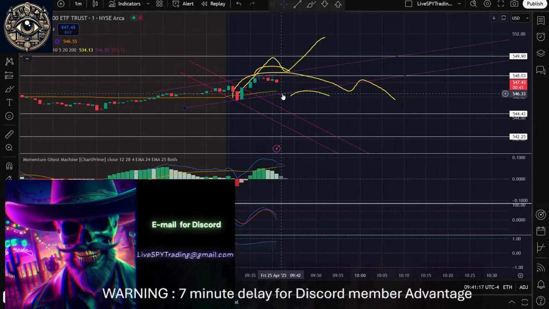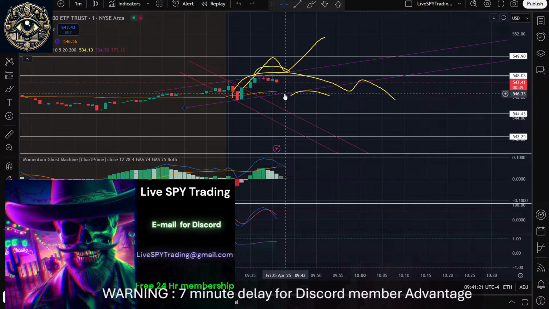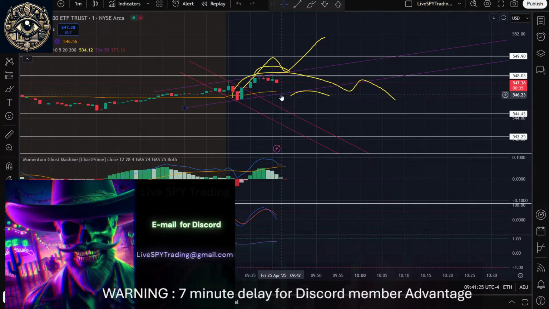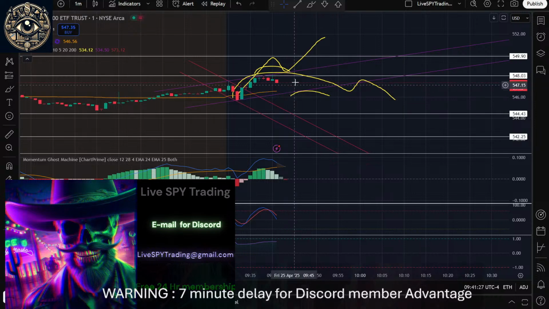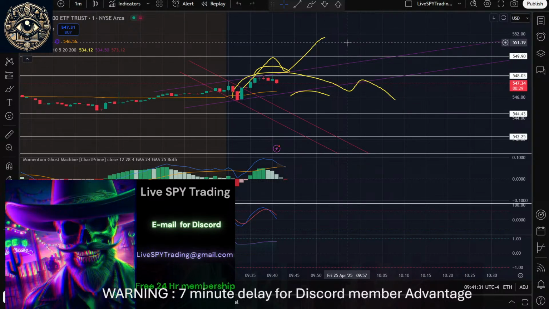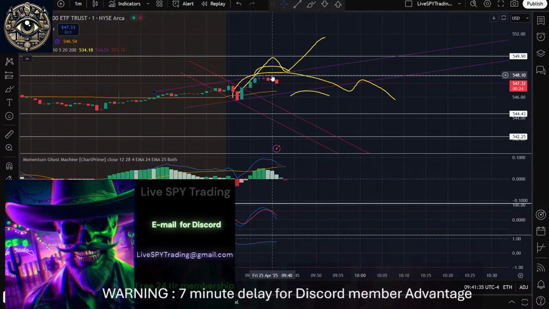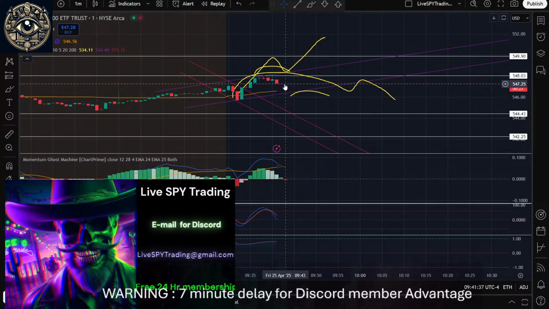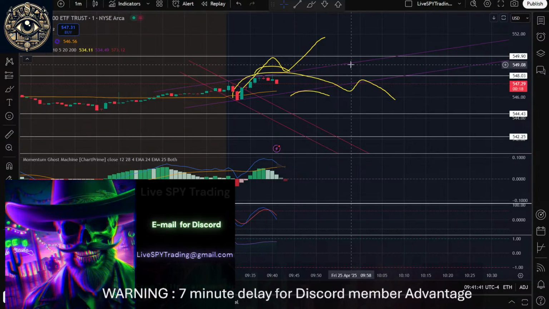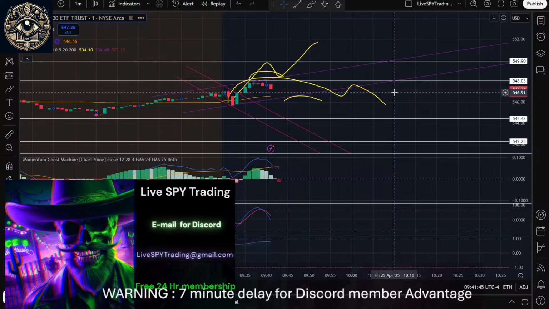Now we're gonna test this purple. It's still a little bit early, so we're gonna test this purple and see what's up. Because if we get a shallow bear cycle here, we'll see. Let it play out. We don't need to try to guess anything.